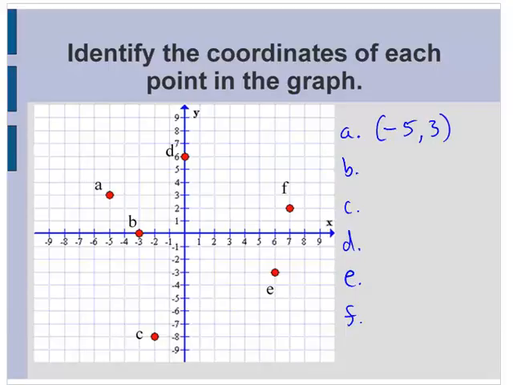The point labeled B has an x-coordinate of -3, and since it's directly to the left of the origin, its y-coordinate is 0. So B is identified by the coordinates (-3, 0). The point C is 2 units left of the origin and 8 units below the origin, so its ordered pair would be (-2, -8).